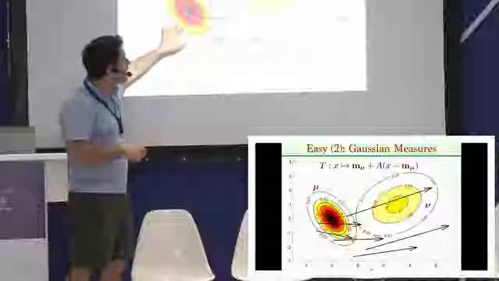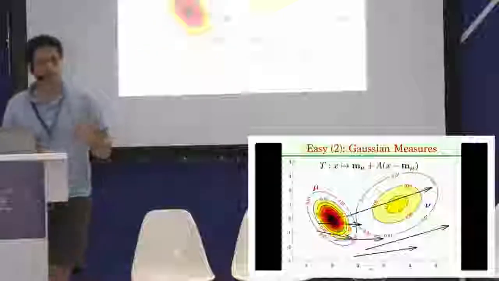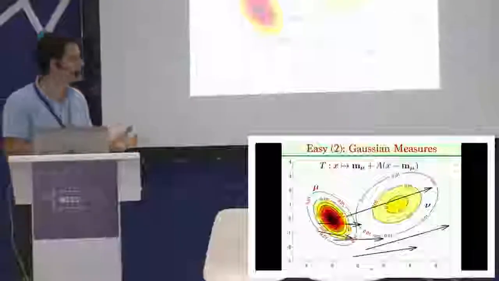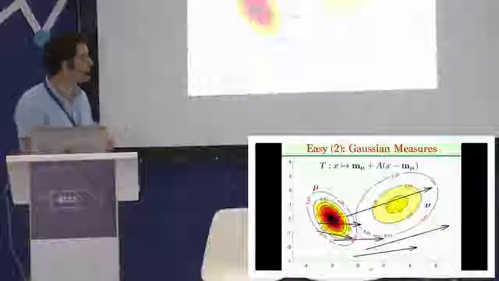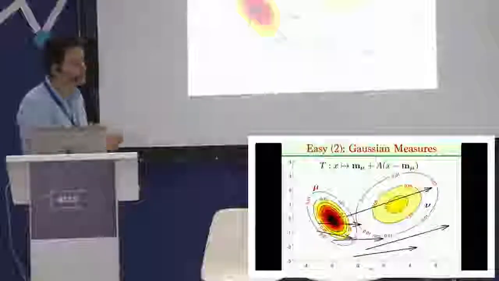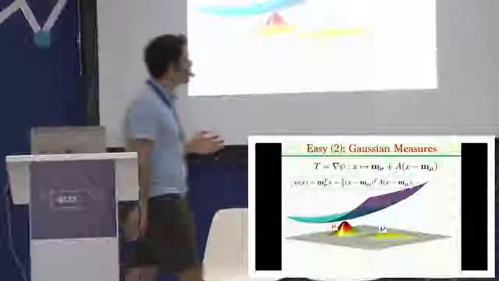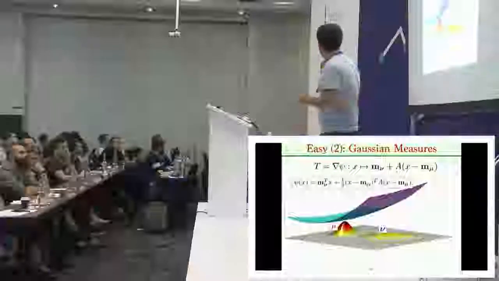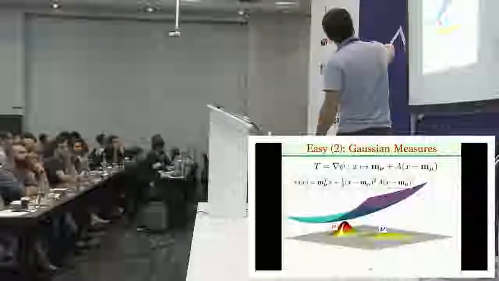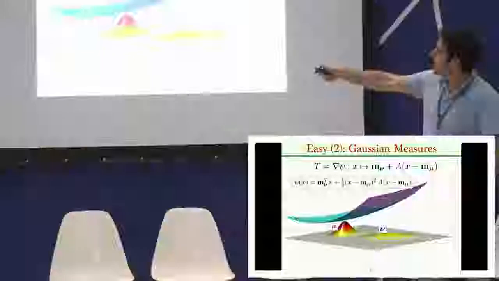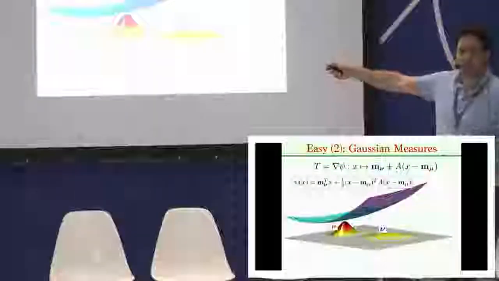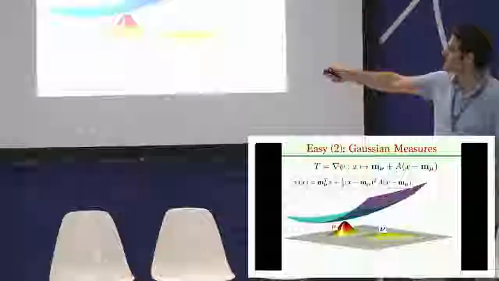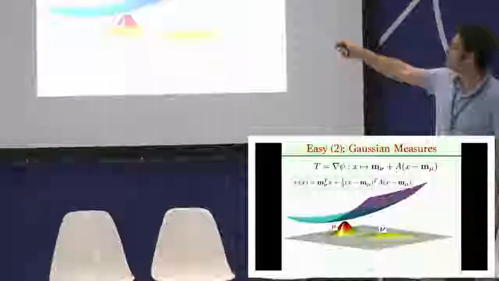And then what you have here is a map that maps Gaussian to Gaussian. That's simple to check. But it's also the gradient of a convex function because of the positive definiteness of this matrix. Let me just represent that function. If I define psi as this quadratic function, you can all convince yourselves that the gradient of this thing is my map.